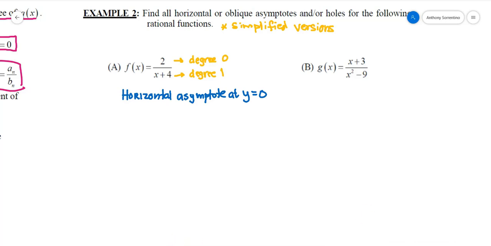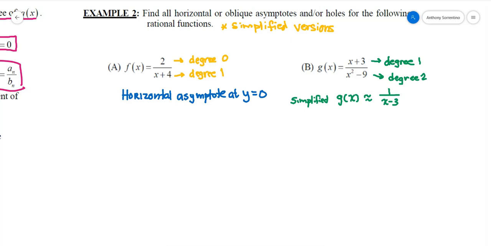Up here, I have a degree 1 polynomial. Down here, I have degree 2. If you remember, we also said that the simplified version was 1 over x minus 3.